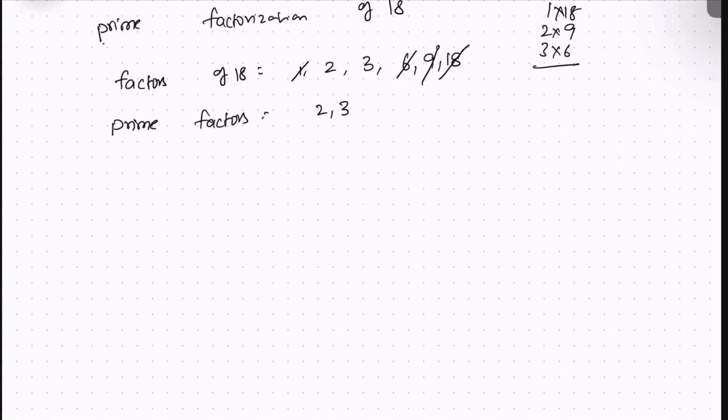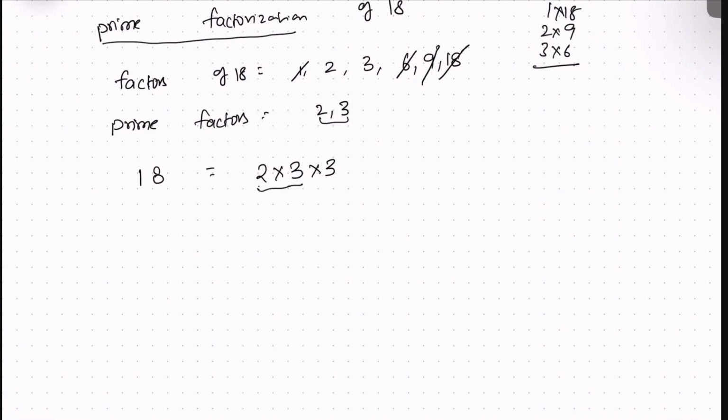As prime factorization specifies, 18 should be represented as the product of the prime factors. So how can I represent 18 as the product of prime factors? 2 times 3 is 6, and after 6 you choose any of these factors such that the multiplication is equal to 18.